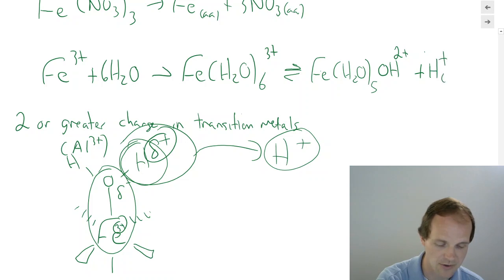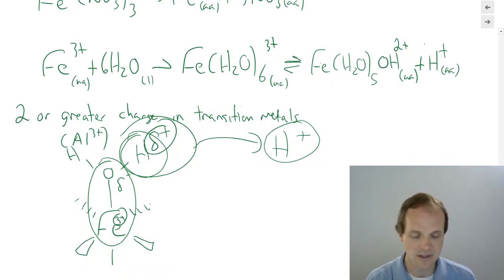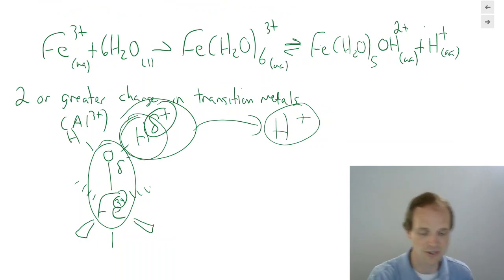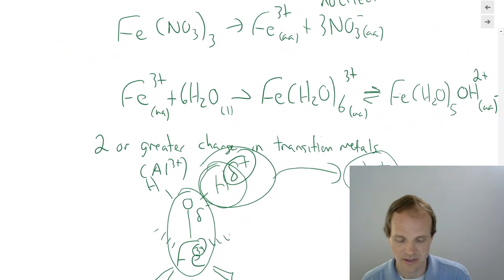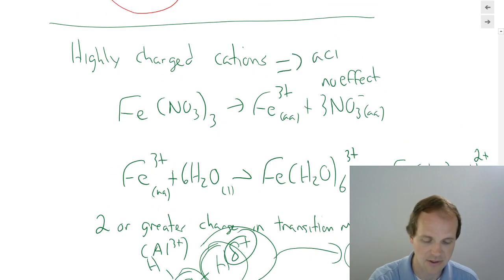So we took off one of those hydrogens, it floated off into the solution, making the solution slightly acidic, leaving behind the iron with still 5 waters intact around it, and then 1 hydroxide-looking thing. So small, highly charged cations can give you an acidic solution.